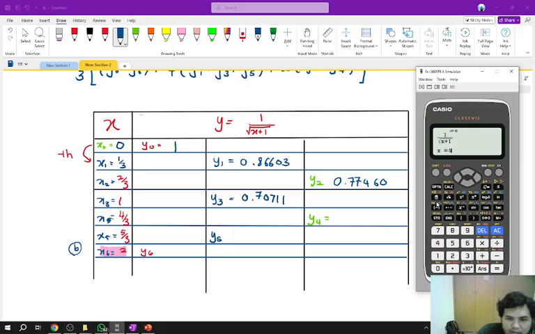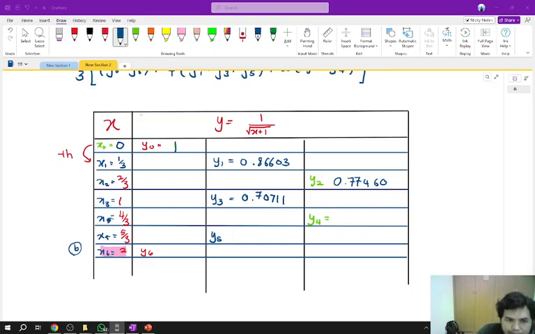So 4/3 gives 0.65465, and then continue until y6.